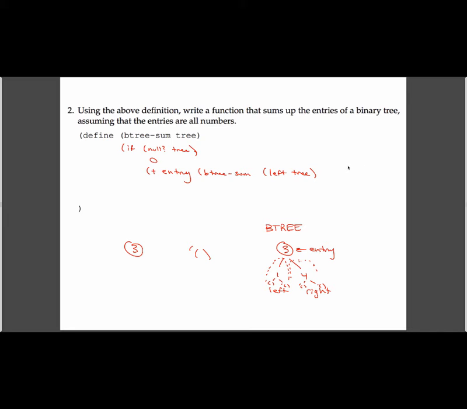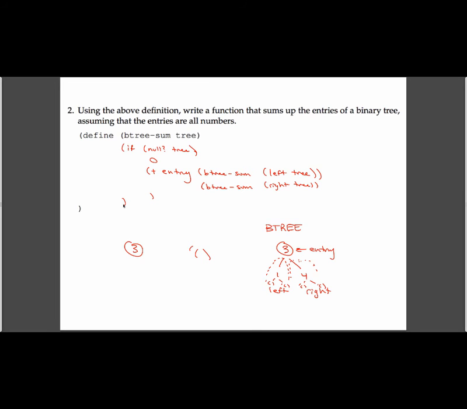So BTree sum of my left branch, and now the last thing I need to add is BTree sum of my right branch. I need to make sure my parentheses line up. This is going to line up with this, and this if statement is going to line up with that.